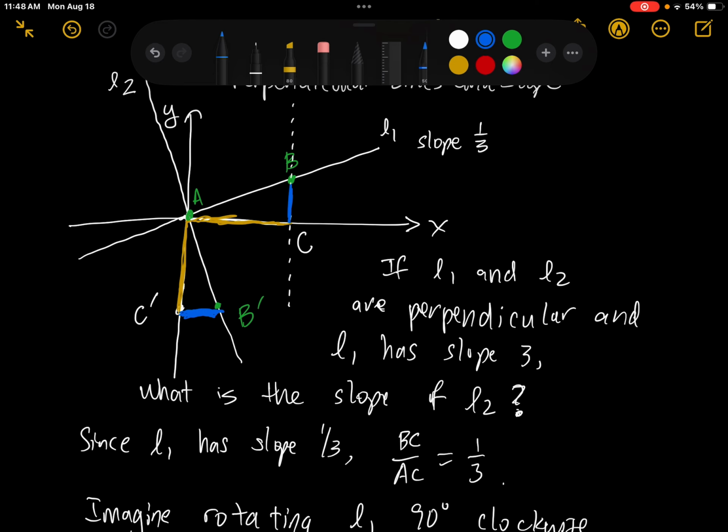And remember, we are trying to find the slope of L2. Well, this line segment AB prime is on L2. So, what is the slope of AB prime? Well, we take 2 points and we find the vertical change divided by the horizontal change, right?